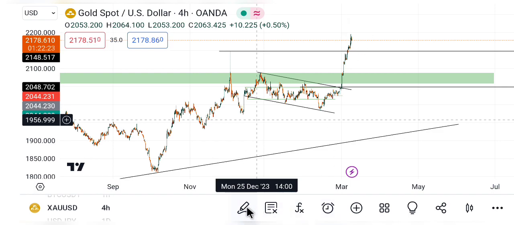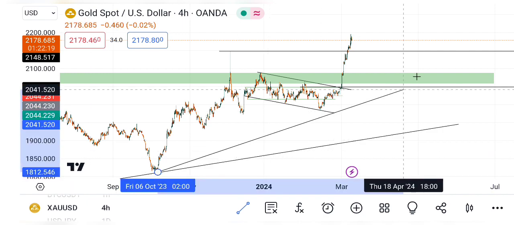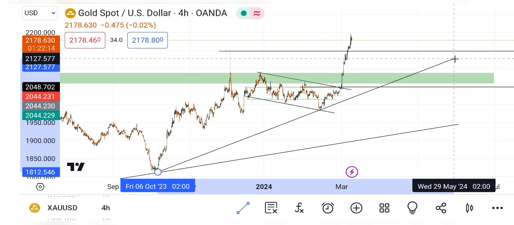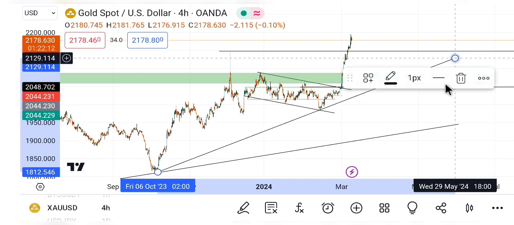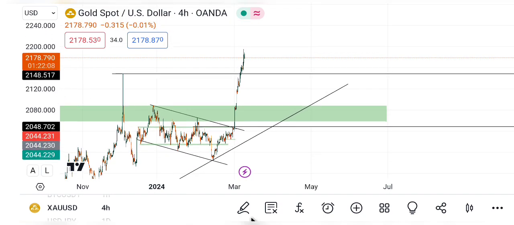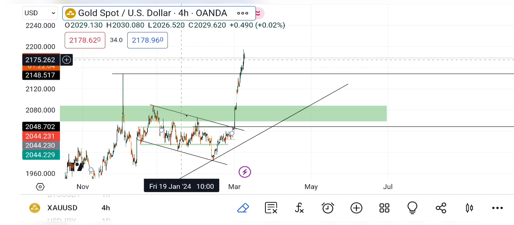So what I'm going to do, based on the strategy, is take our trend line and look for the next possible retracement point before making any decision. So we have this trend line now. I'm going to remove this old trend line here. It doesn't really matter anymore.